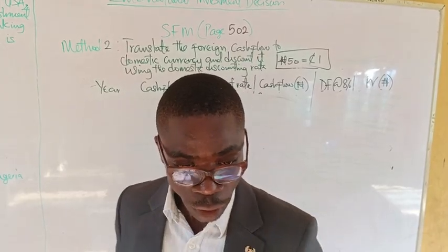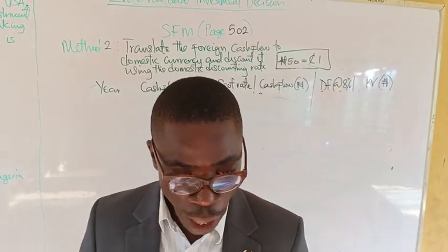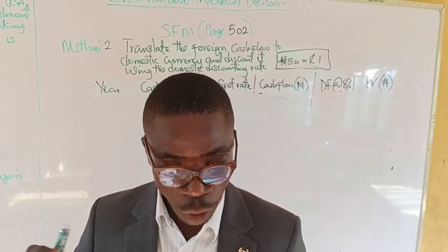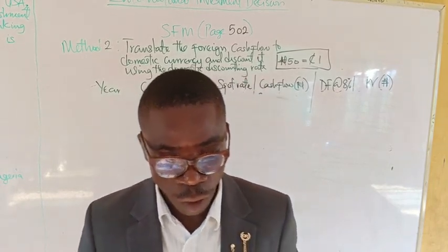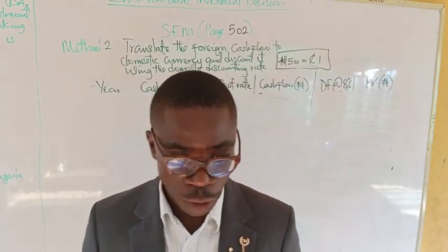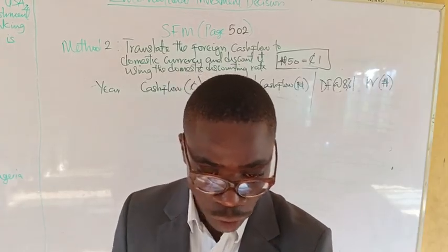It said a Nigerian company is considering investing in a project in Ghana, and the current exchange rate for Ghana cedis is 50 naira to 1 cedi. The discounting rate for the project in Ghana is 10%, and the discounting rate for similar projects in Nigeria is 8%. Look at the clause they put now.